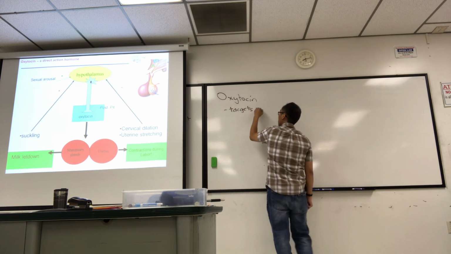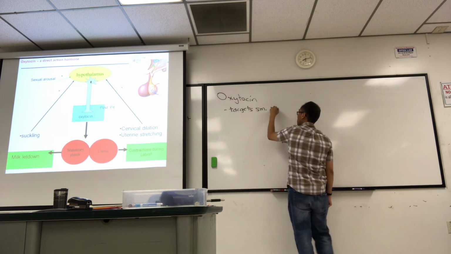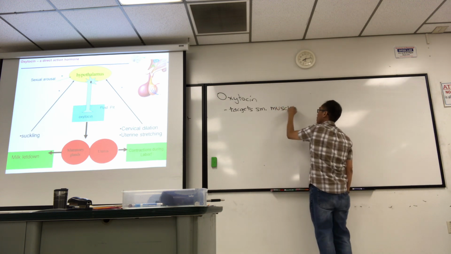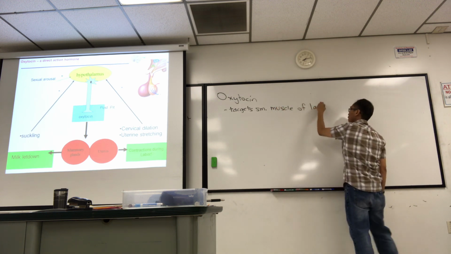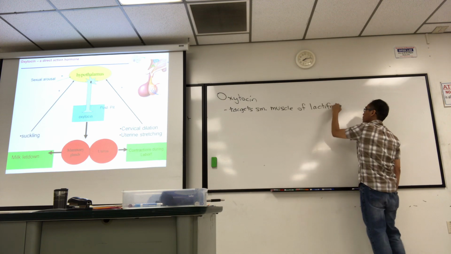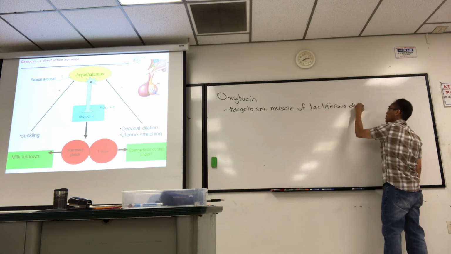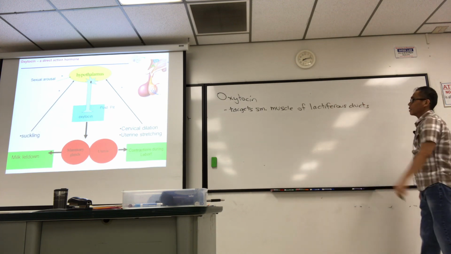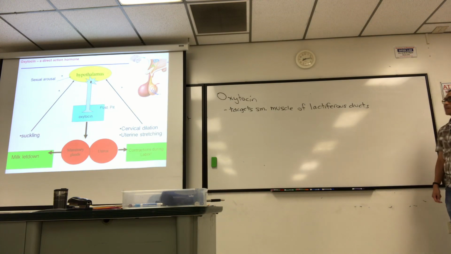Targets smooth muscle of lactiferous ducts. And when it does that, the smooth muscle contracts in a way that lets the milk down. So we simply call it milk letdown.